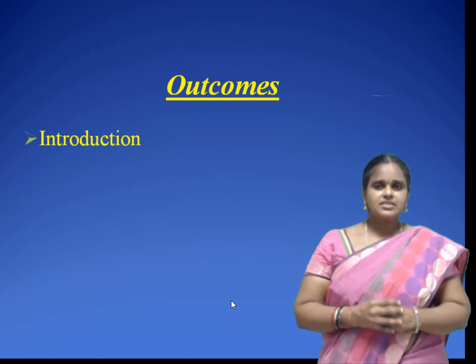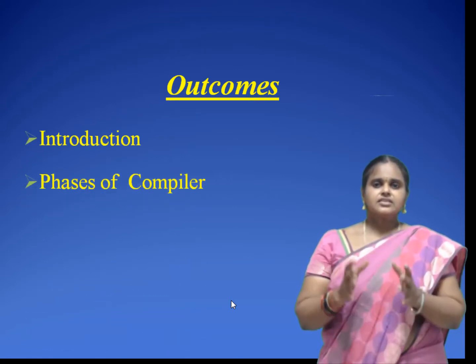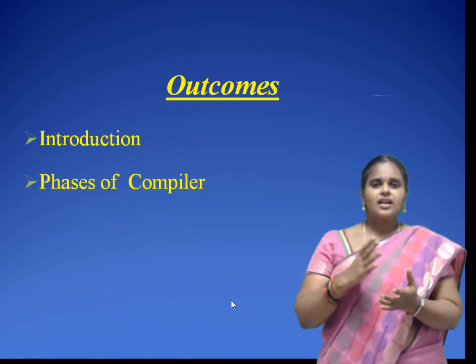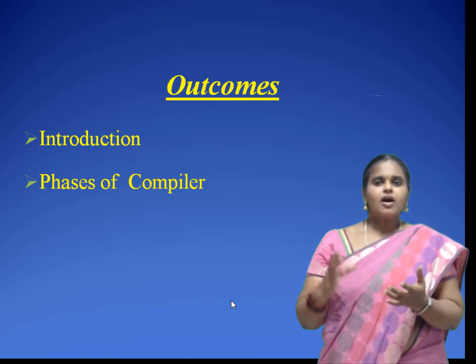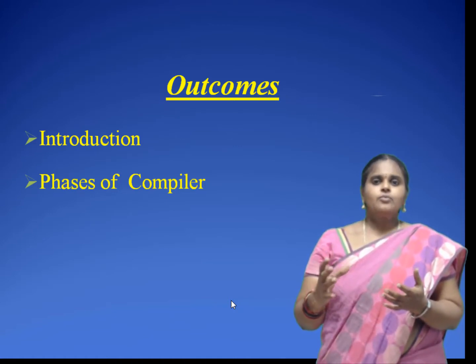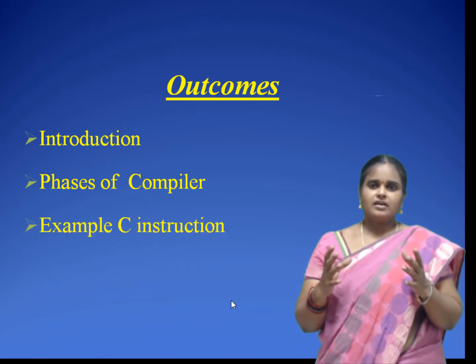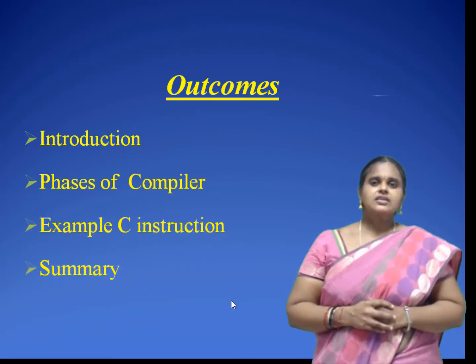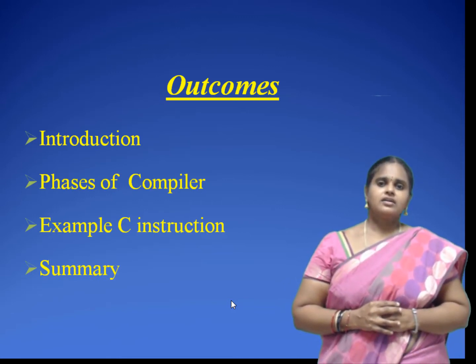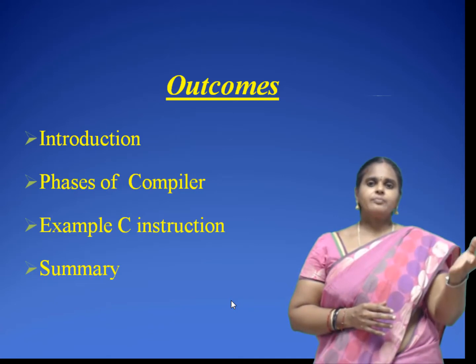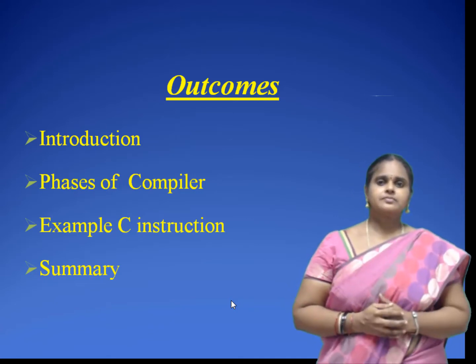So now in today's session, let us go through the total concept, the principle of a compiler, and what the different phases of a compiler are. My dear students, the compiler is a translator that translates a source program into a target program.